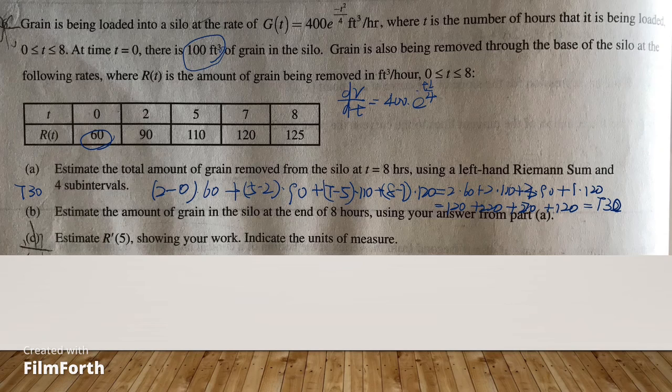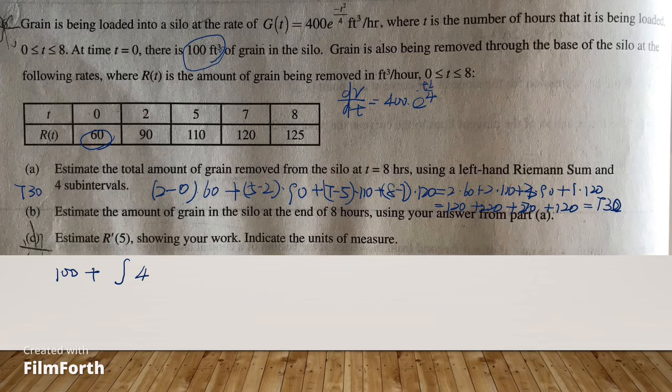So we can have the expression 100, which is the original amount of grain, plus the grain being loaded, which we can get by integrating the function g of t.